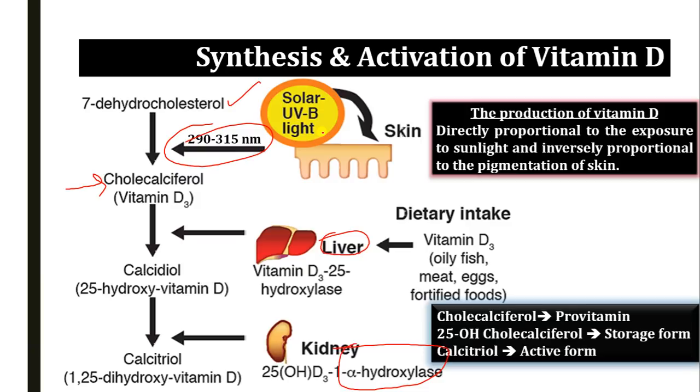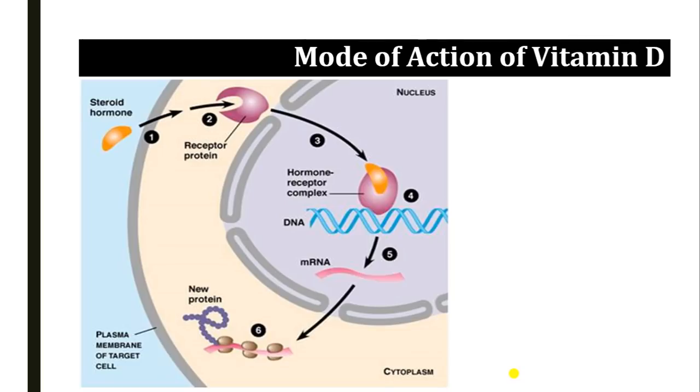It is converted to 25-hydroxycholecalciferol in the liver, that is the storage form of vitamin D, and it is activated as calcitriol or 1,25-dihydroxycholecalciferol in the kidney, that is the active form of vitamin D.